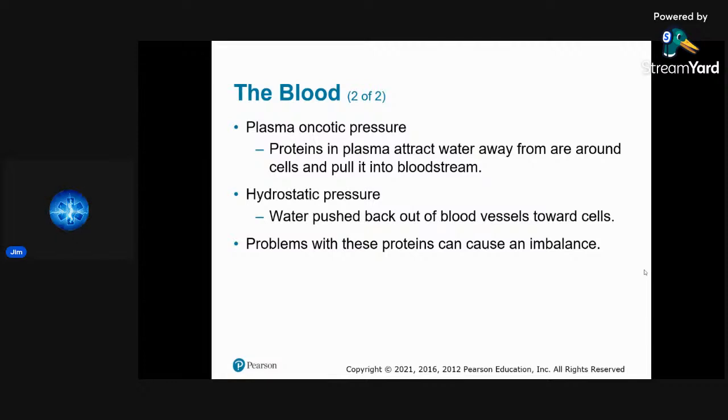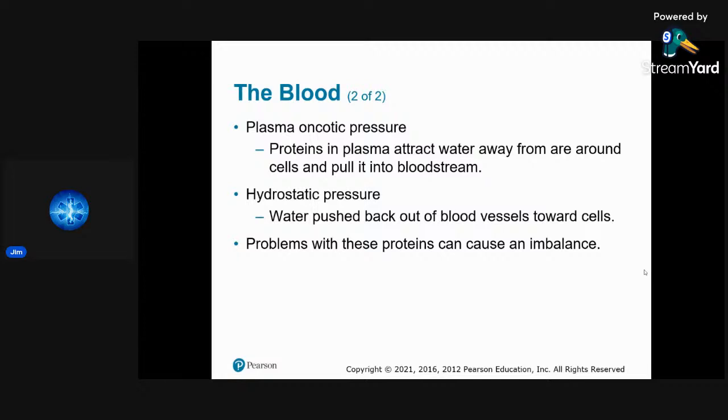Plasma oncotic pressure. This is the protein in the plasma. It attracts water out of the cells and pulls it into the bloodstream. That's how we keep that water balance, through proteins in our plasma.